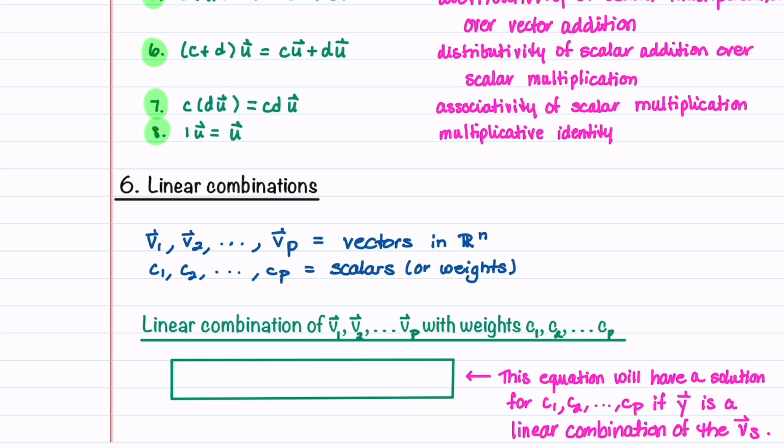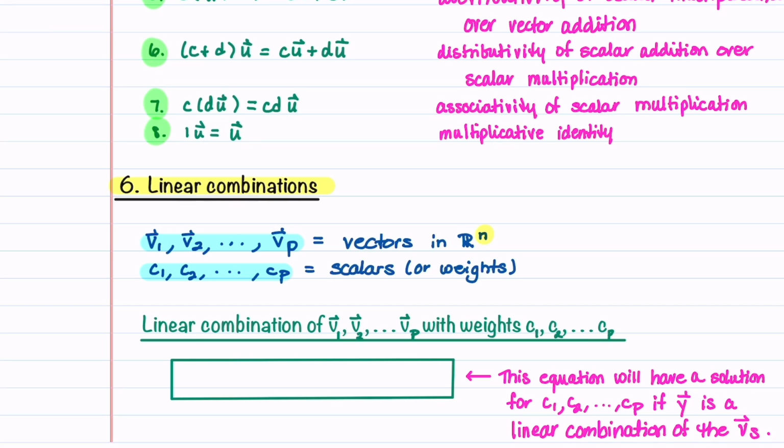Let's now learn about a very important and fundamental concept in linear algebra called linear combinations. Vectors v1 up through vp are vectors in Rn, and c1 up through cp are scalars or weights.